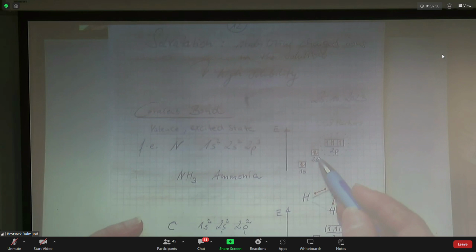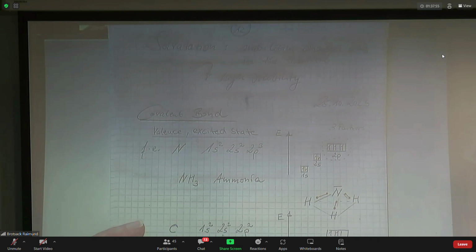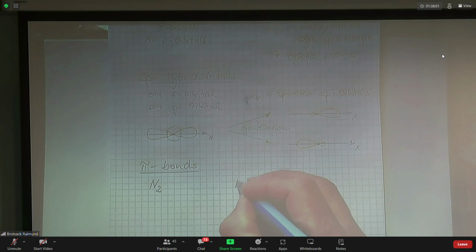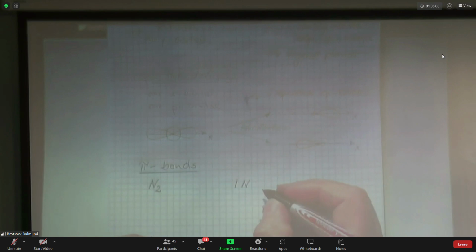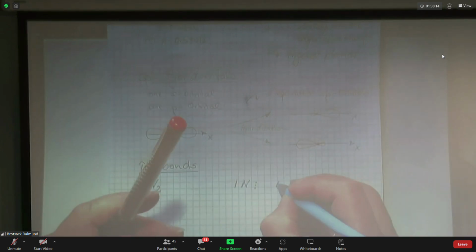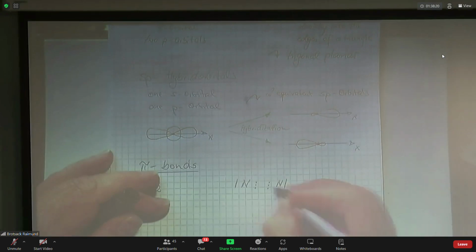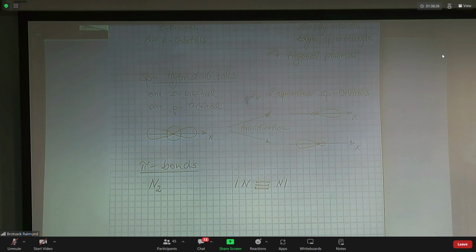The 2s satisfied, we are just looking at the outer shell, but in the 2p, we have single electrons. So for one nitrogen, this is the 2s, and we have 3 single electrons, 1, 2, 3. And from the second one, we have the same. 2s satisfied, and 1, 2, 3. So nitrogen can build a triple bond to the other one.